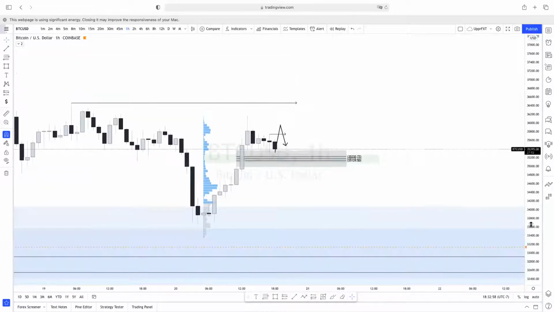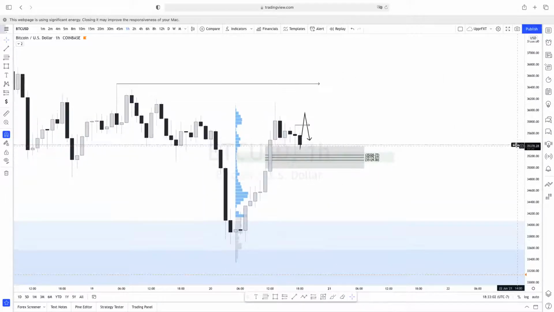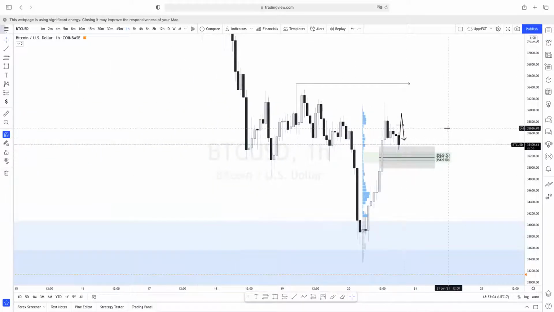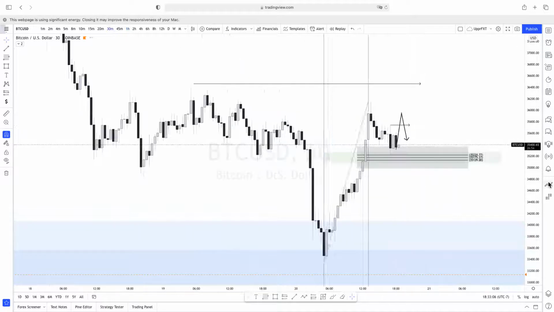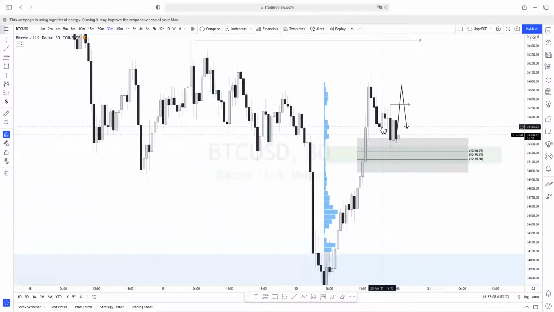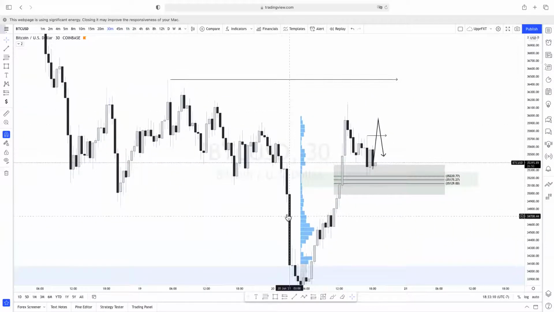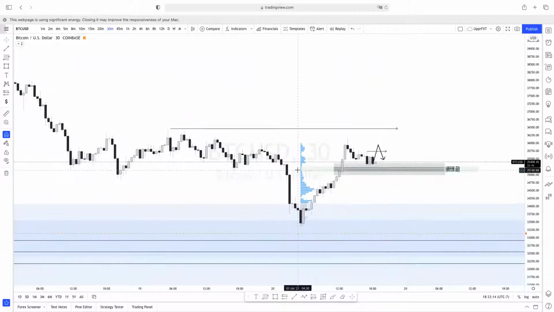It's going to need to be filled. It's not always going to get filled right away. It might not get filled for a while, but more times than not, and test it yourself, those areas are going to be mitigated. And in this instance, areas of low volume being mitigated.